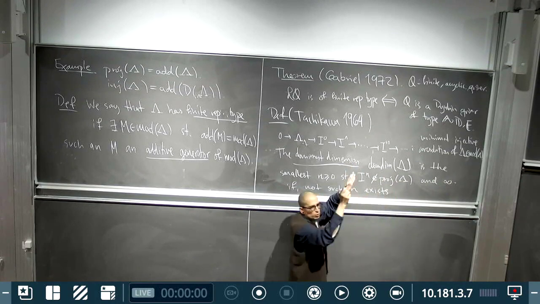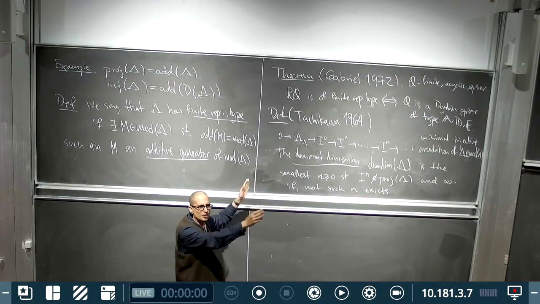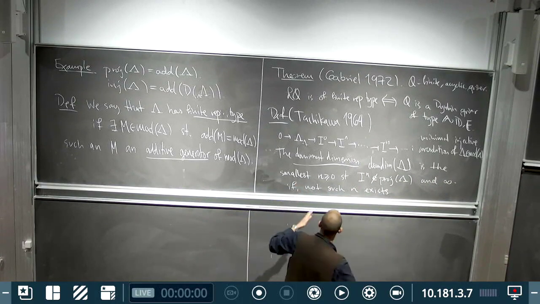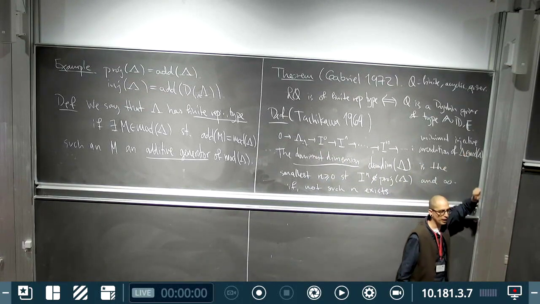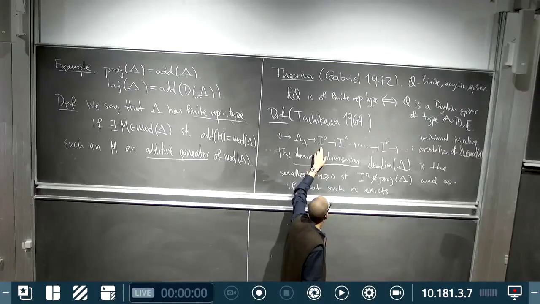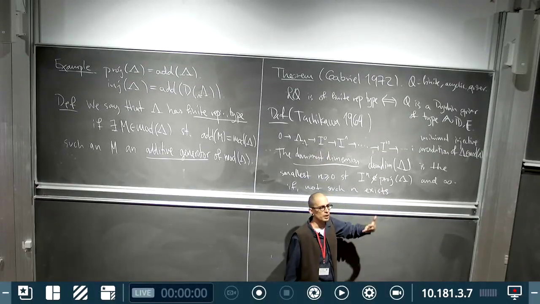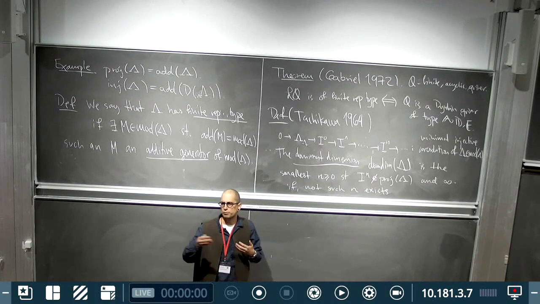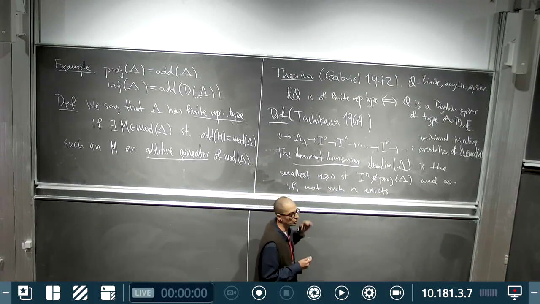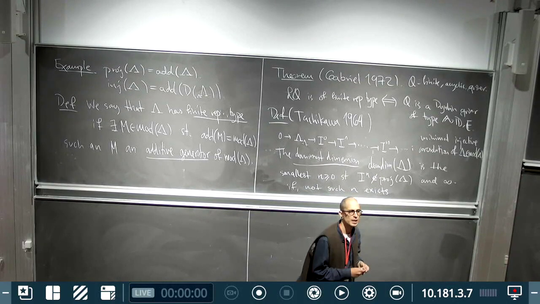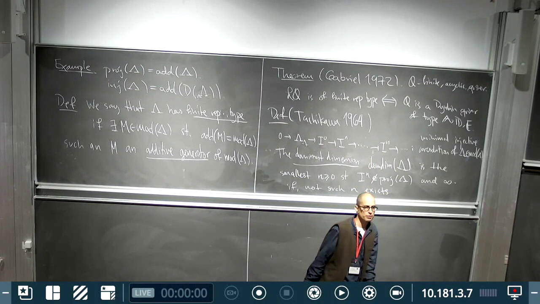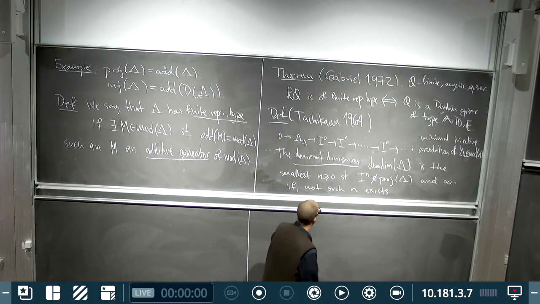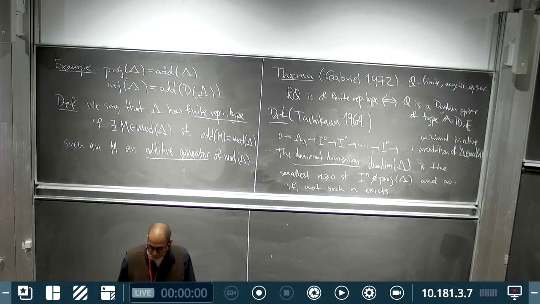Of course I could define it using infima and so on, but the easiest way to not get confused is just to write explicitly what you mean. So this resolution is in principle consisting of injective lambda modules. I'm just supposed to count how many of them happen to also be projective. Maybe none of them, maybe the first few, and then I call that number the dominant dimension. And if no such n exists, that means they're all also projective, then I say that the algebra has infinite dominant dimension. Okay?